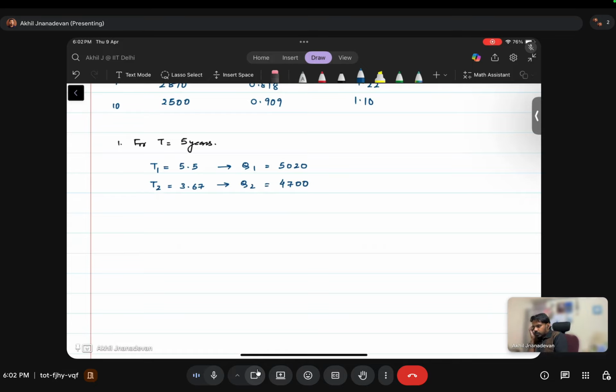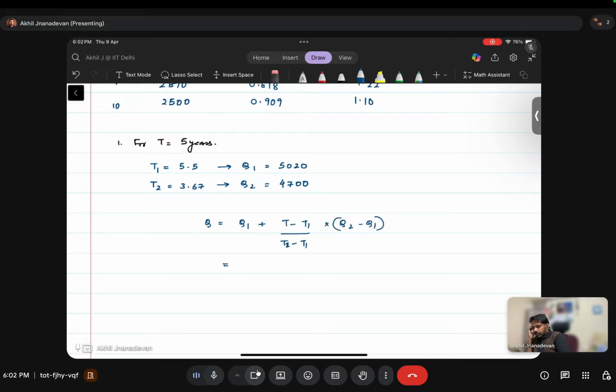So now we need to do the linear interpolation. So Q will be equal to Q1 plus T minus T1 by T2 minus T1, into Q2 minus Q1. This is the simple linear interpolation formula.